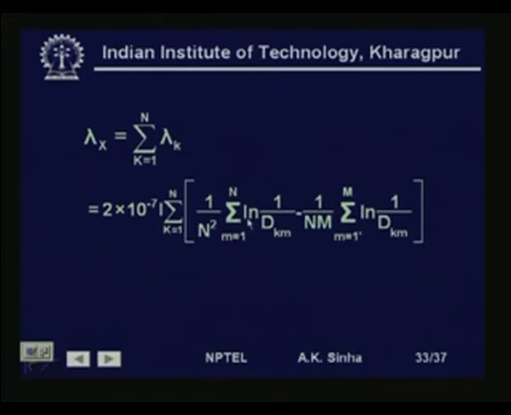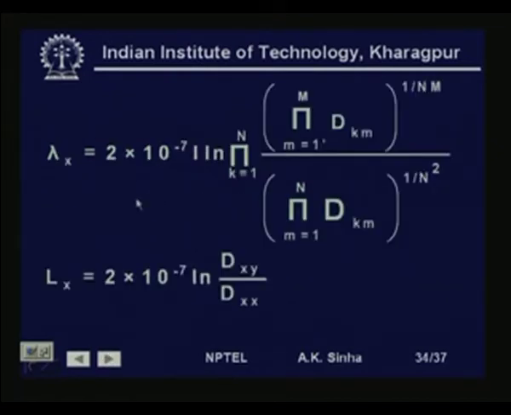summation of log n 1 by dkm can also be written as log n multiplication of 1 by dkm. So, we have used that relationship, and therefore, we have written 2 into 10 to the power minus 7 I log n has been taken outside.